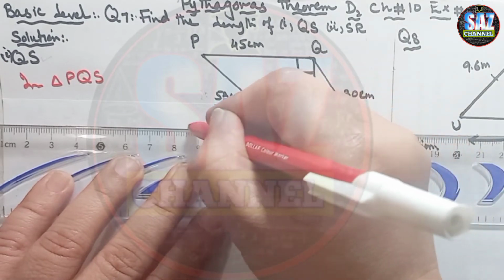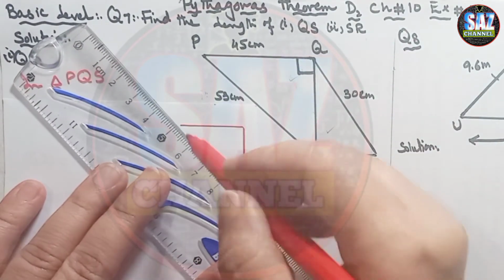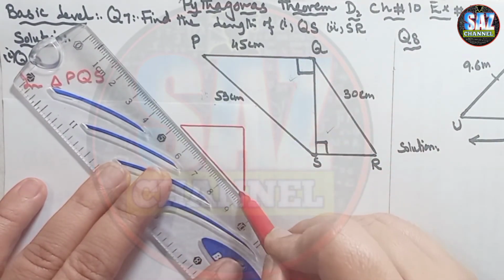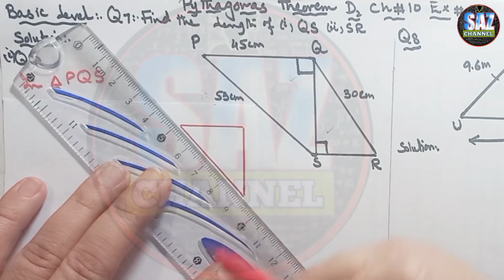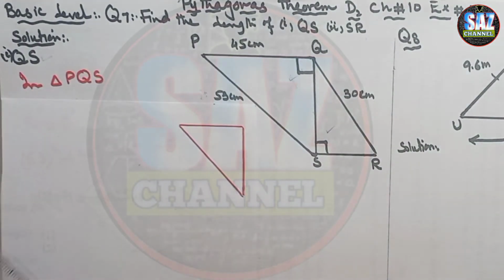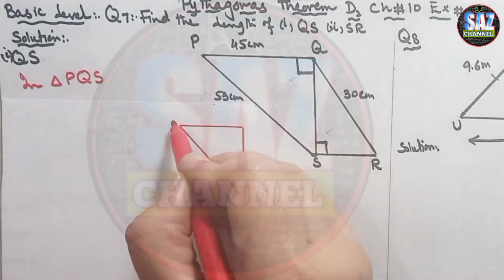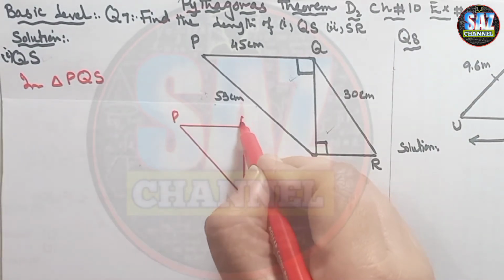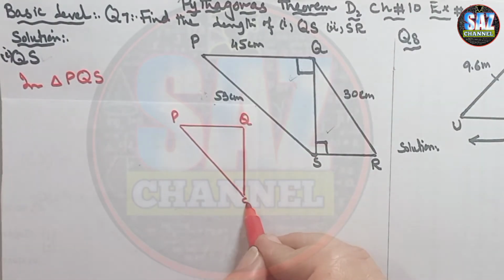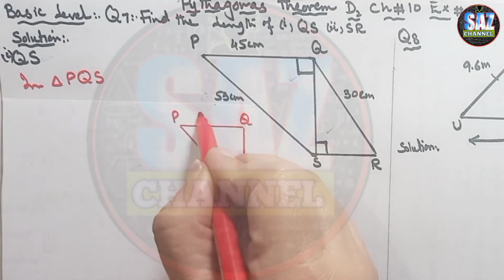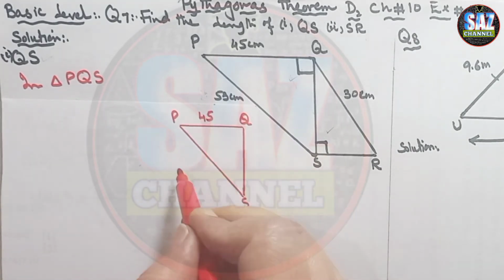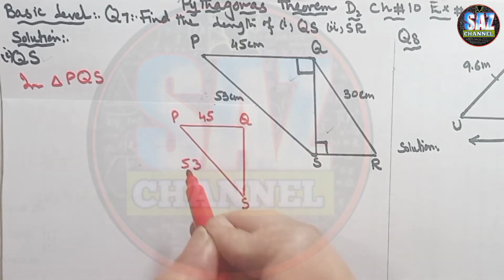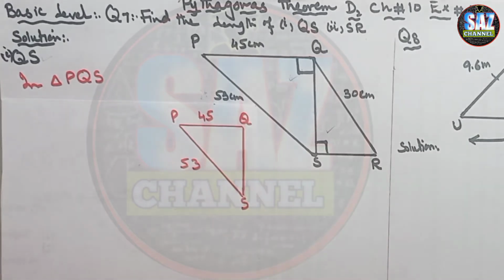Please do your work neatly and focus on your presentation as well, because presentation matters a lot. Now I'm taking the triangle PQS, and PQ is 45 and this is 53, and this is the unknown of the question.